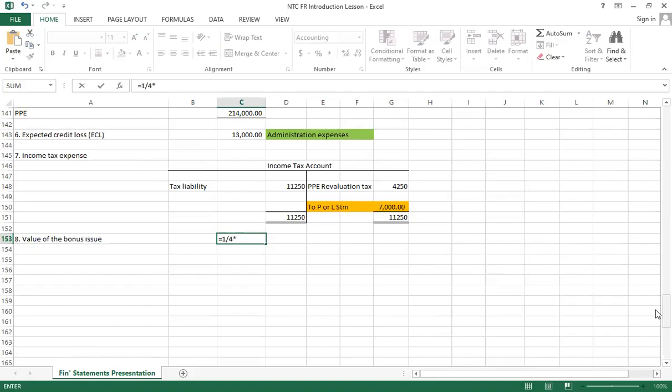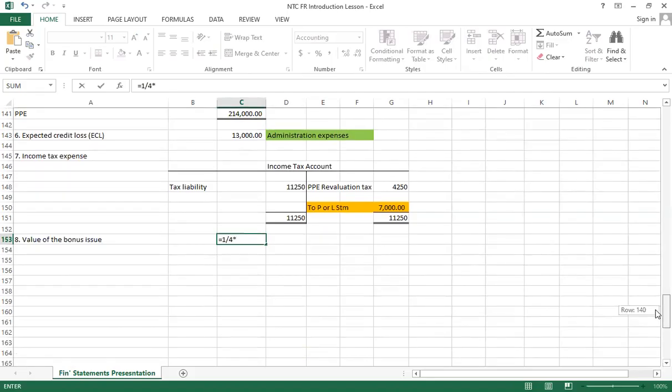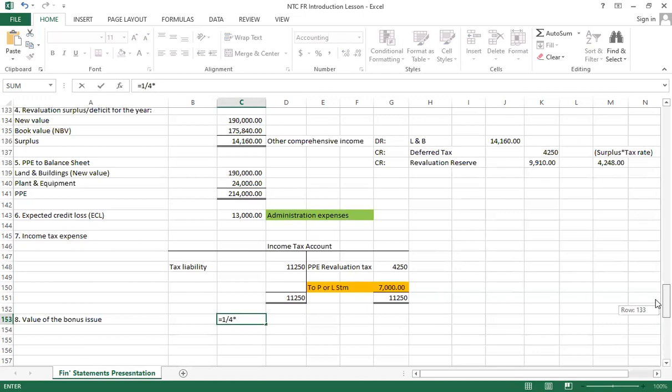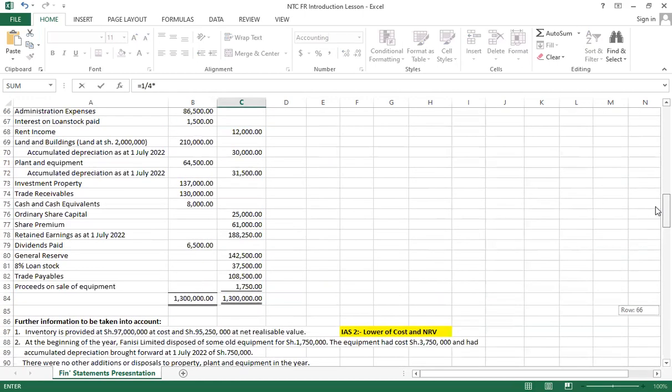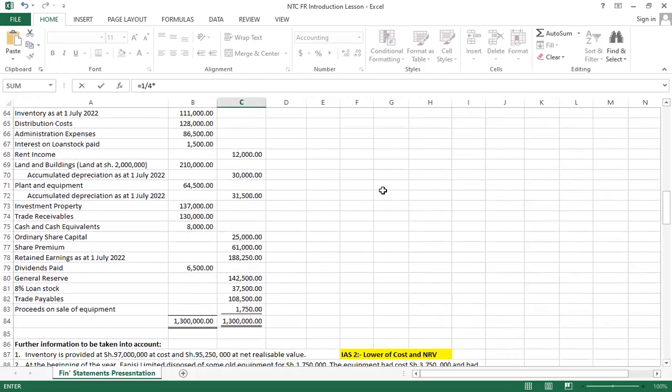So 1 over 4, you multiply by the ordinary share capital. So you look for the ordinary share capital, which in the trial balance is this 25,000.